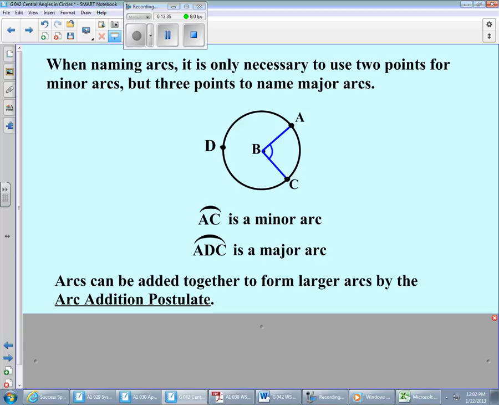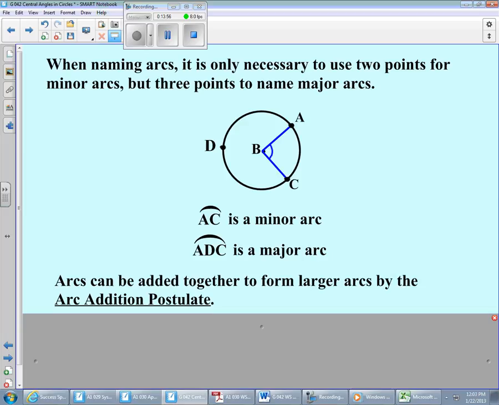Another little piece of information, this one kind of fits into the common sense category. We've talked about postulates like this throughout the year. The same holds true for arcs. Arcs can be added together or subtracted from each other in order to form larger or smaller arcs.